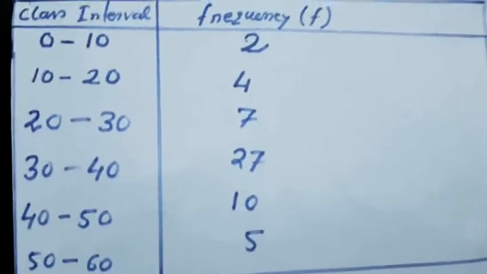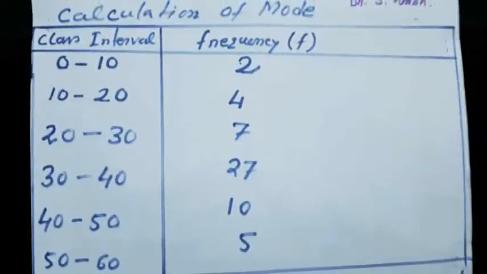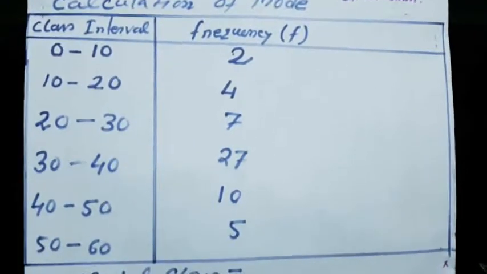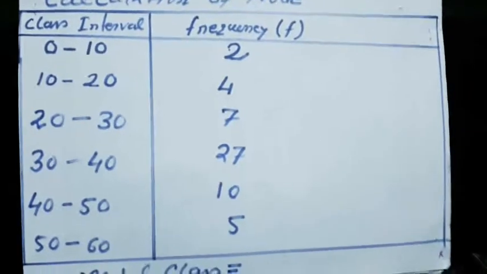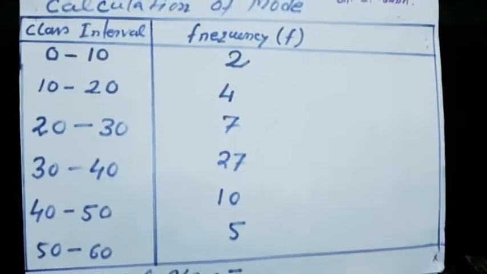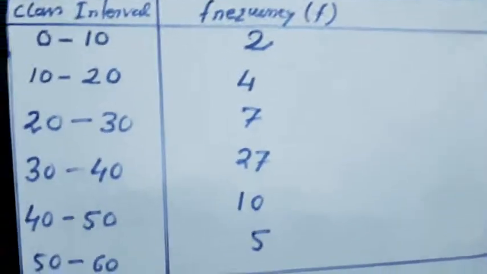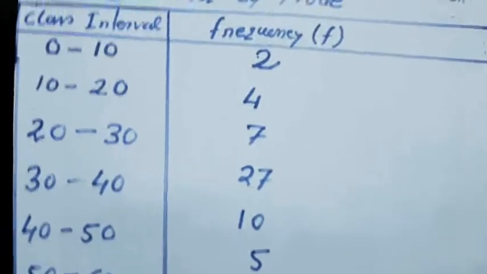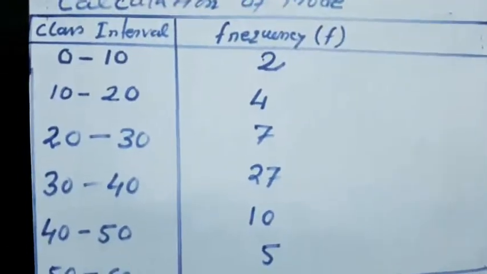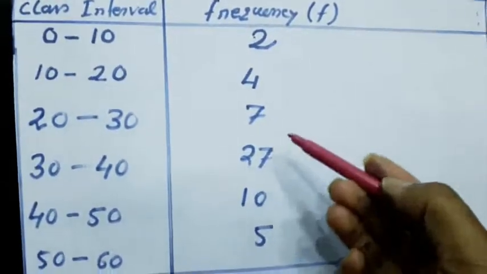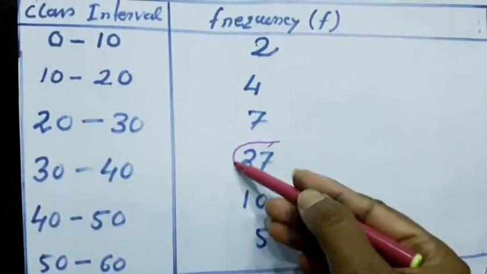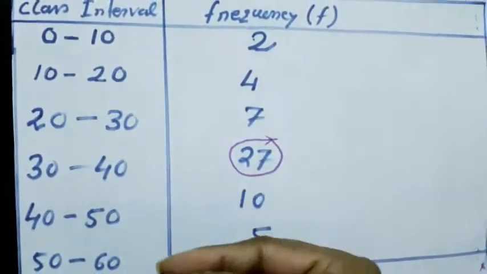Now we will see how to calculate the mode. What I told you before, to get the mode, first we have to find the observation which has the highest frequency. Now see, among all the frequencies, 27 is the highest frequency.